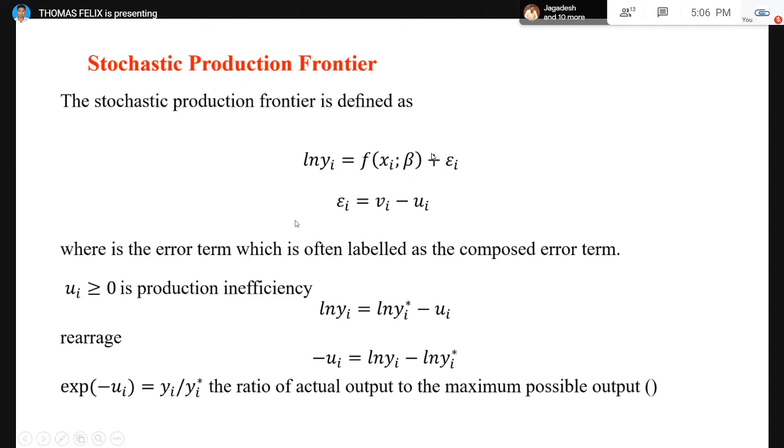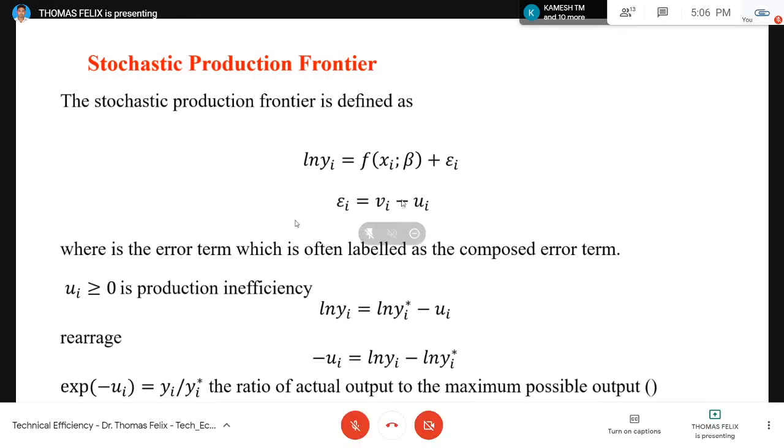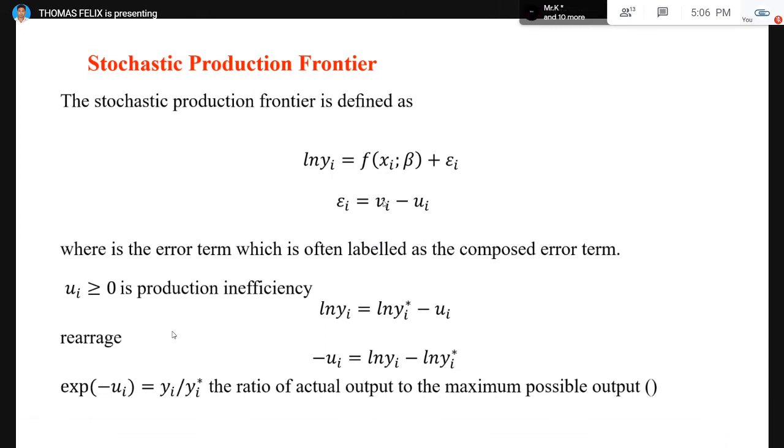So in the case of stochastic frontier production, the error has two different terms. One is error due to randomness. Another one is error due to inefficiency. The inefficiency error term is usually said to be one-sided error. That is, it has a negative value only.